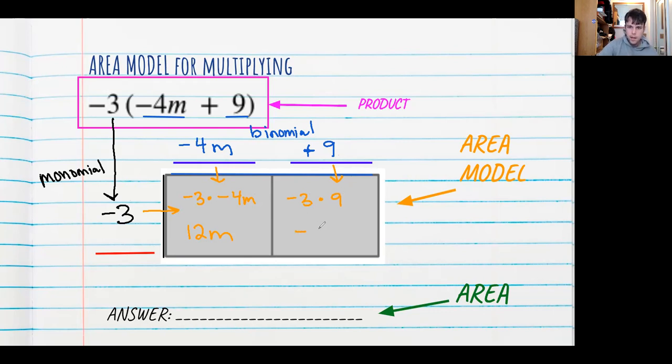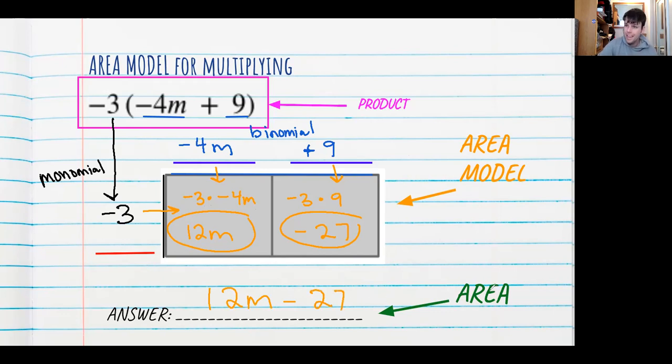I get -27. So this is the result of our multiplication. I multiplied the base, the binomial, times the height, which was our monomial. And my answer is these two things, which I put together to state as the result of my multiplication.